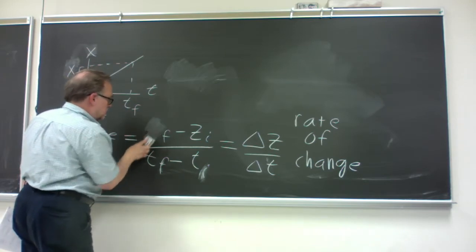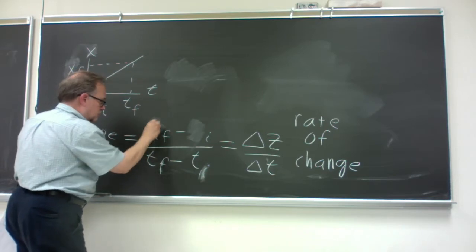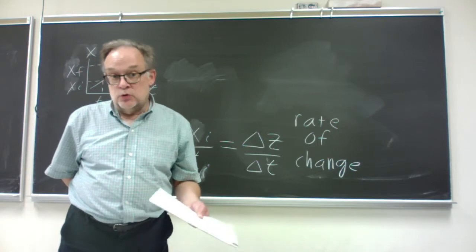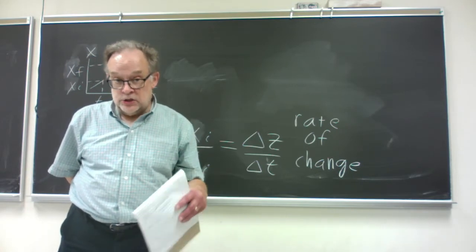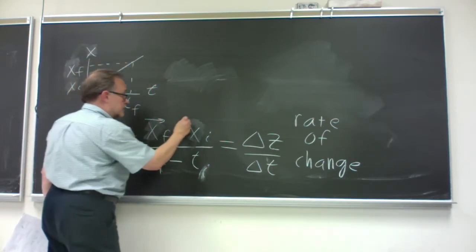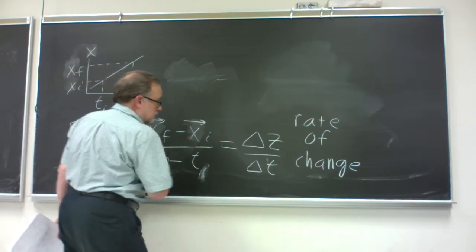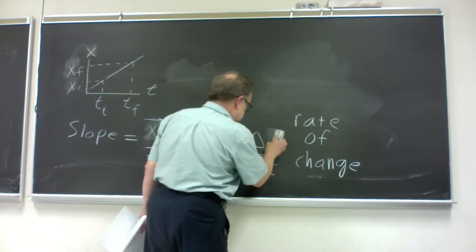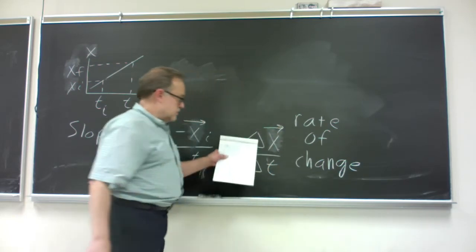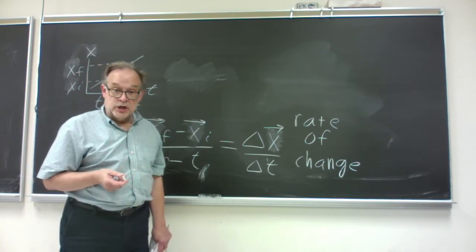And so now the slope of the line is the final value of location minus the initial value of location. And we're treating those locations, remember, as vectors. So put the vector symbol over top. And that's now change in location. Change in location divided by the length of time it took to make that change in location.